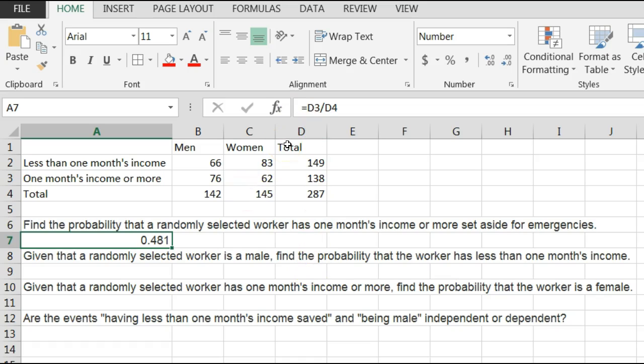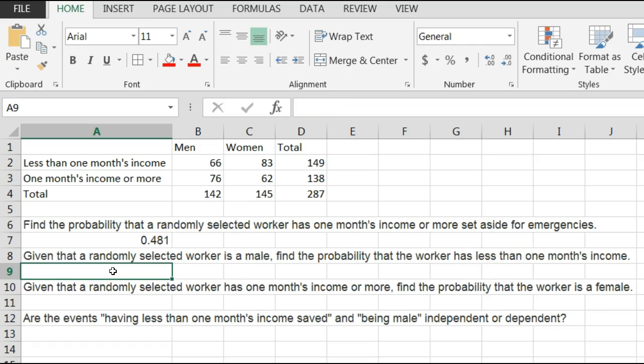Now, where's my jar? Here it is. Given that a randomly selected worker is male, we are only dealing with the 142 men in this question, part B here. So that will be my denominator. Find the probability that the worker has less than 1 month's income.